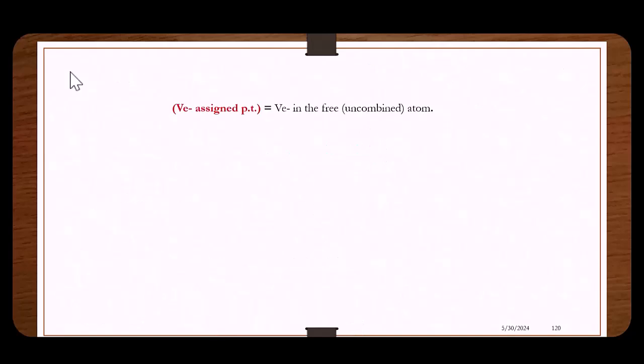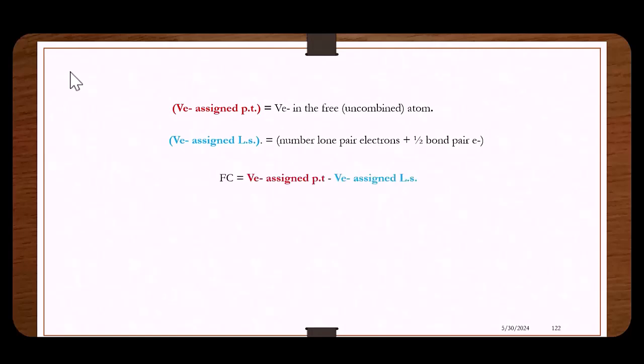We know what valence electrons are in a free atom, and we know how to get them. And we know what valence electrons are that are assigned to a Lewis structure, and we know how to get them. We know how to calculate the formal charge, which is done by subtracting the valence electrons on the Lewis structure from the valence electrons of a free atom.